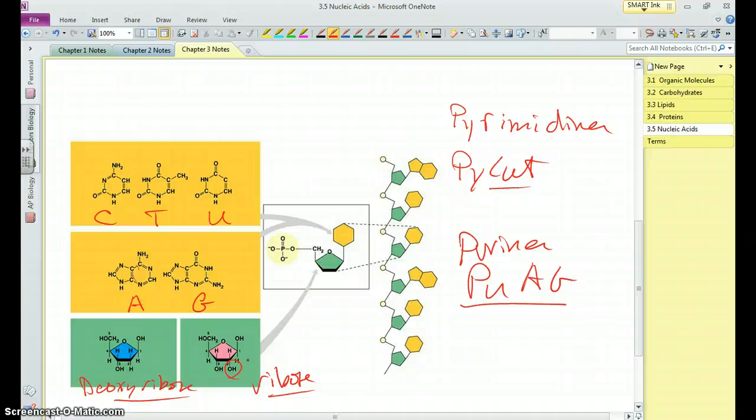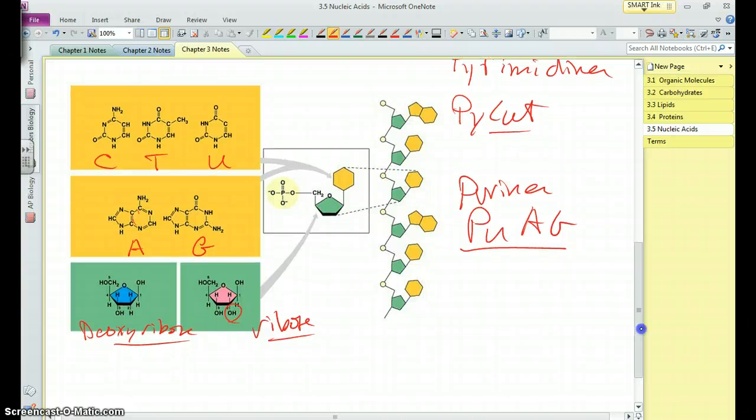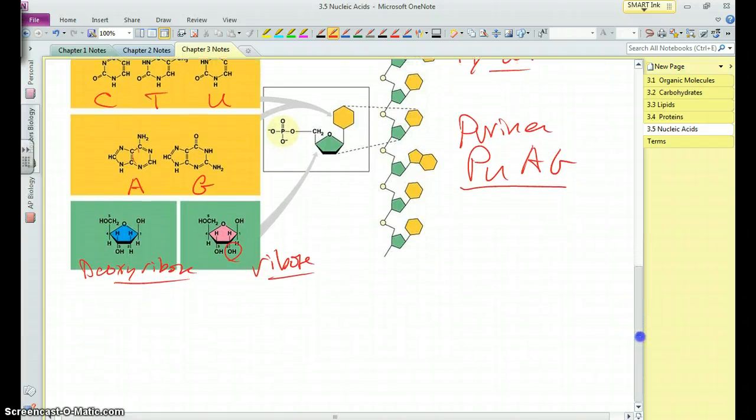Alright, so we're going to have a whole chapter on DNA, and we'll talk more about the structure and how RNA is a single-stranded molecule, just a single strand of nucleotides, but that DNA is a double-stranded molecule. And they have different jobs within the cell.